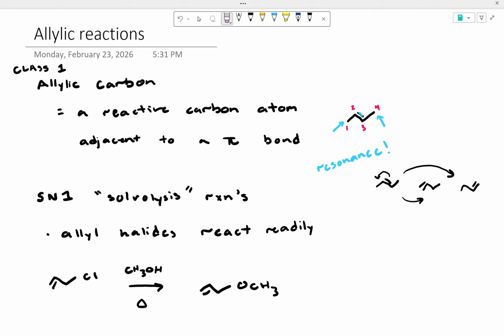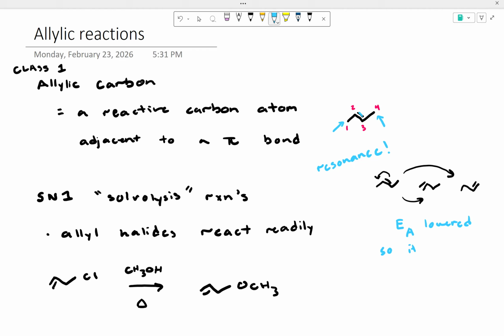So by having these resonance structures, we're able to have more stable intermediates because there's more places where our unstable thing, which is like our charge or radical, can exist in time and space. And this lowers the activation energy. You write it down: activation energy lowered.